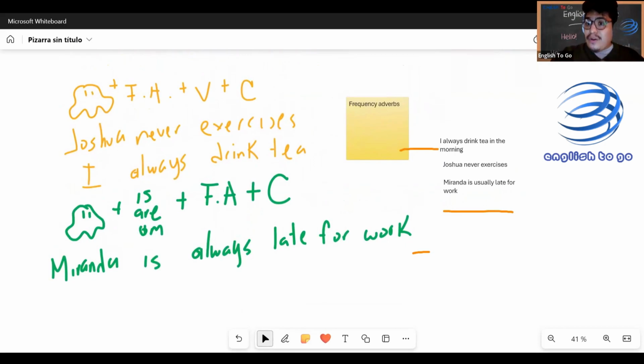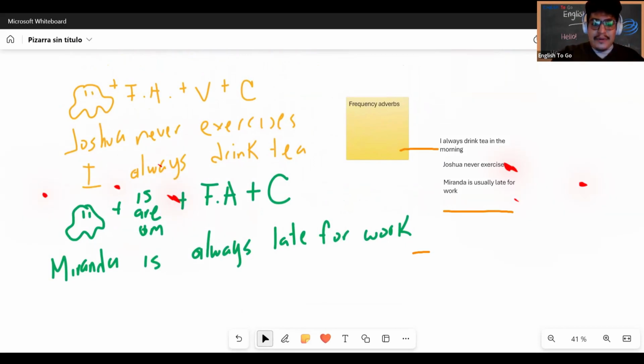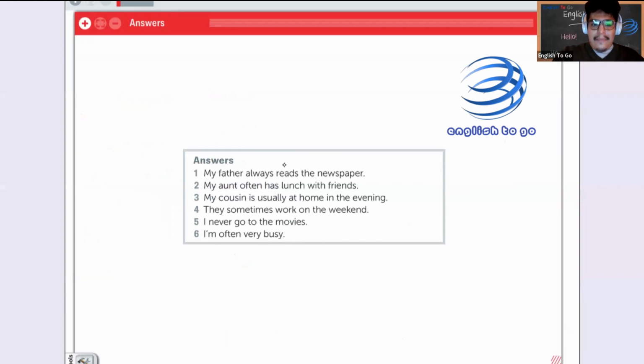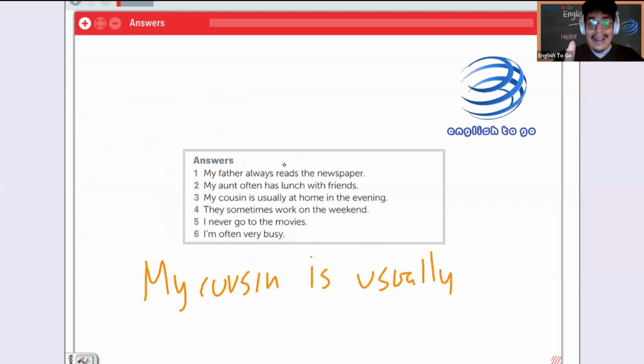Excellent. Let's try with another. Maybe we can use the book as an inspiration, okay? My cousin is usually, I think we are following the rule. We have the subject, we have the verb to be in simple present, and then the frequency adverb.